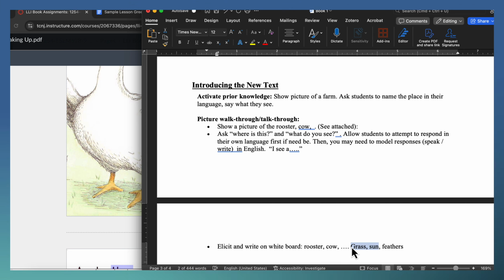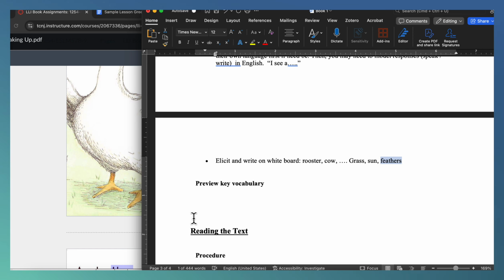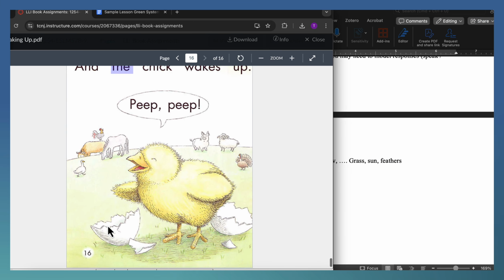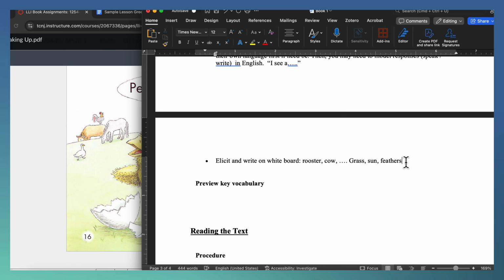So everybody needs to know grass and everybody needs to know sun. I'll push feathers if I feel like they have the bandwidth for it. Okay? And the same thing with egg, right? And even a cracked egg. So if I have a more advanced learner that has the bandwidth to pick up that word, I might include it. Okay? You really have to know your students, all right?